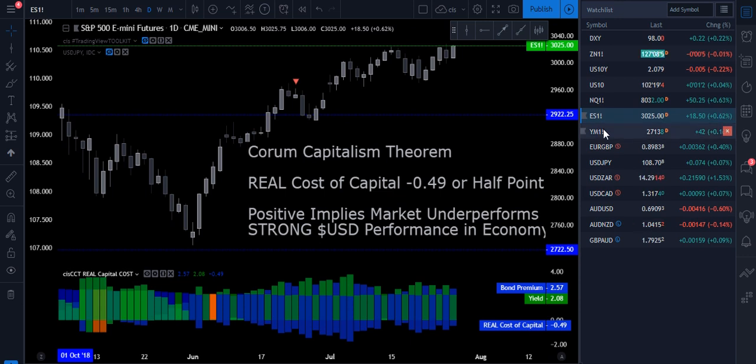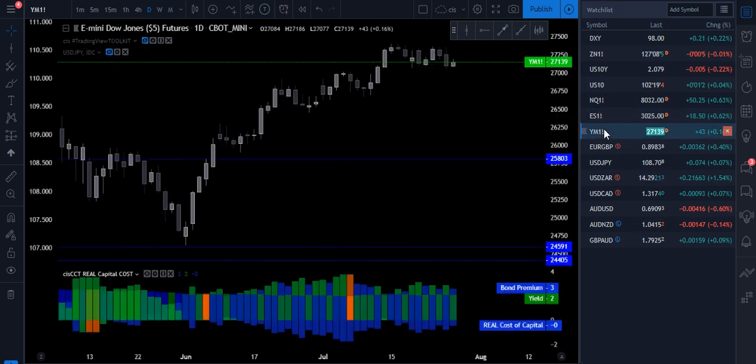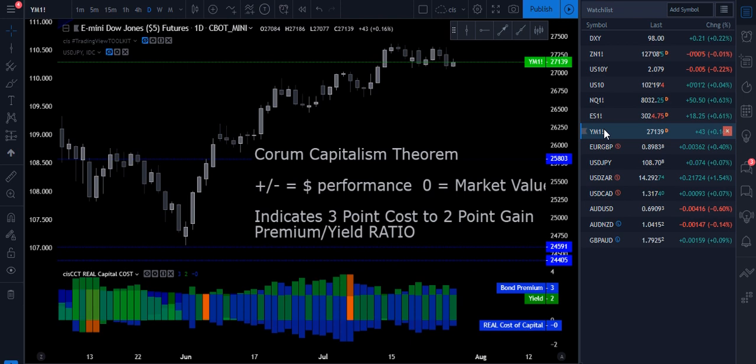When you look at the Dow futures and how that impacts the Dow Jones Industrial Average and the futures contract for the Dow Jones, Quorum's Capitalism Theorem translates the plus or minus performance of the dollar. 0 indicates a market value for the Dow Jones. In other words, if the real cost of capital is 0, then that means that the exchange of the dollar in the Dow has no positive or negative performance correlation.